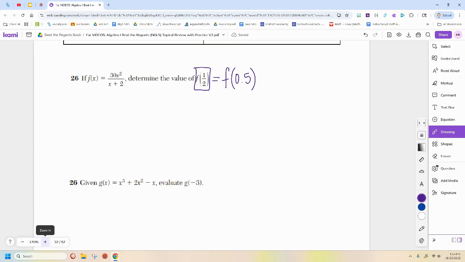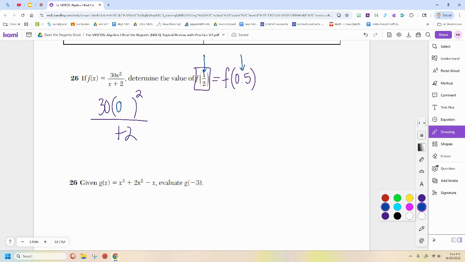So your work literally needs to be this. 30 parentheses squared over x plus 2. And then you're plugging in the thing that's inside the parentheses, whether you use the 1/2 or the 0.5.